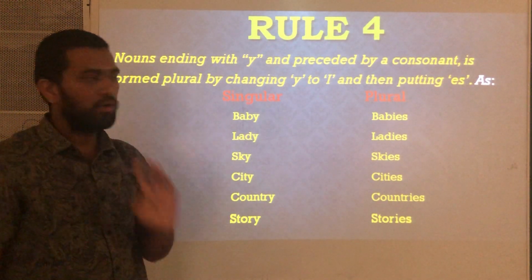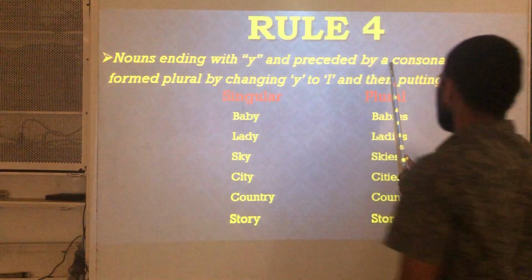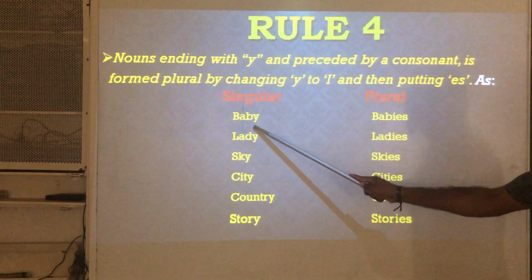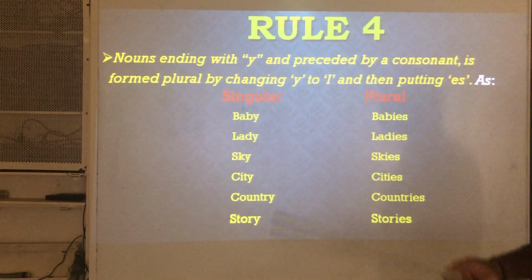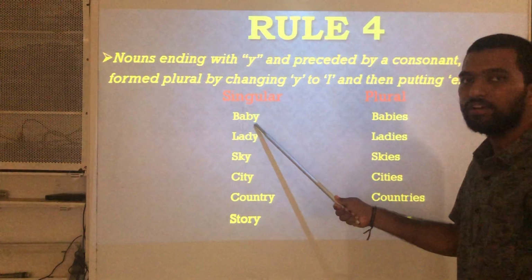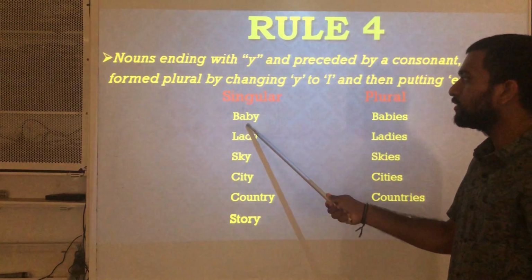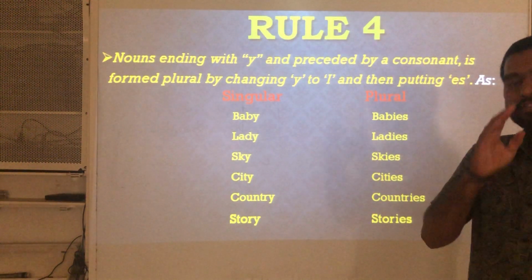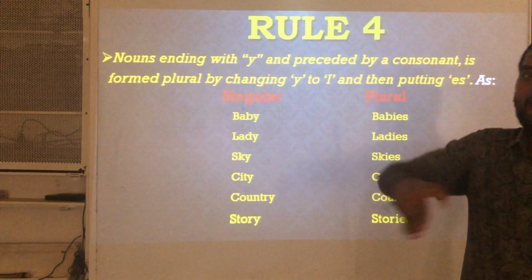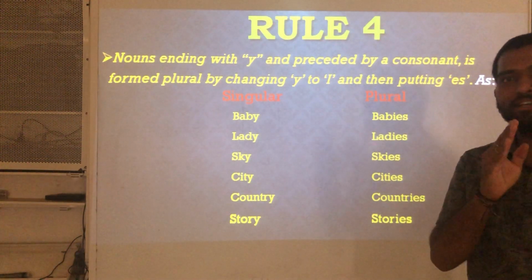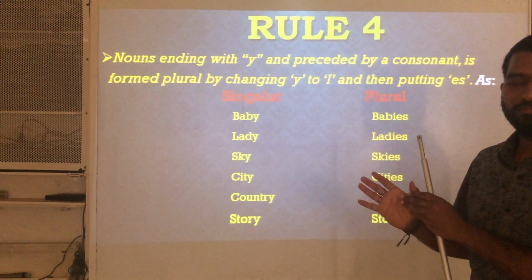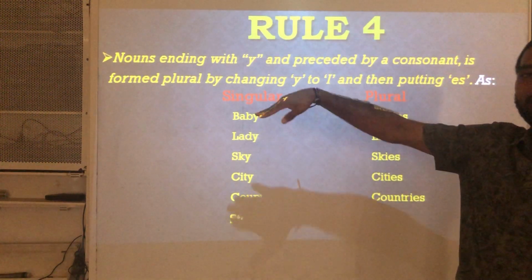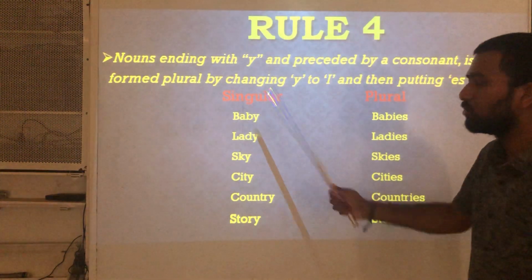There is a vowel, but here y is the last letter as well as it is preceded by a consonant. Consonant means before y a consonant letter should be there. What is a consonant letter? In the alphabet, the letters other than vowels. What are vowels? A, E, I, O, U. Except A, E, I, O, U, the remaining letters are called consonants.